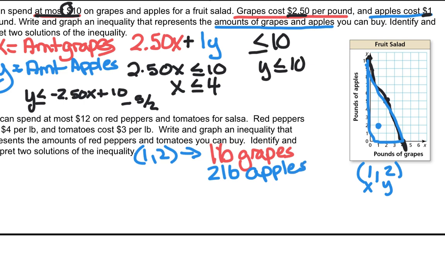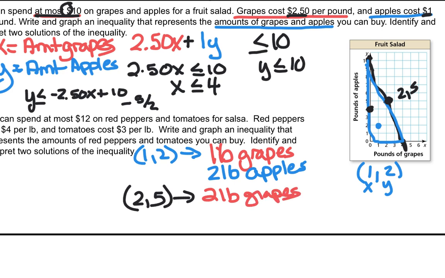What's another combination I could get? I could also get right here on this line at 2, 5. So if I did 2, 5, that would mean 2 pounds of grapes and 5 pounds of apples.